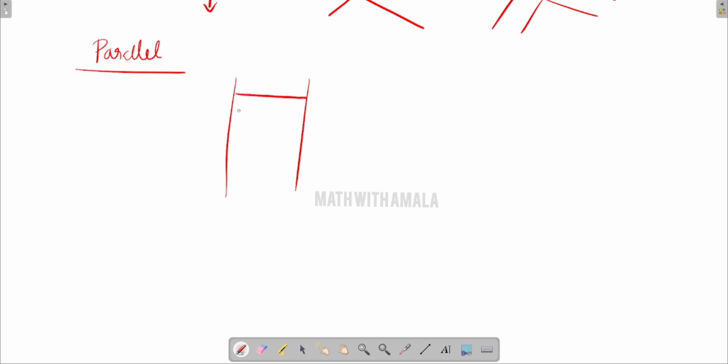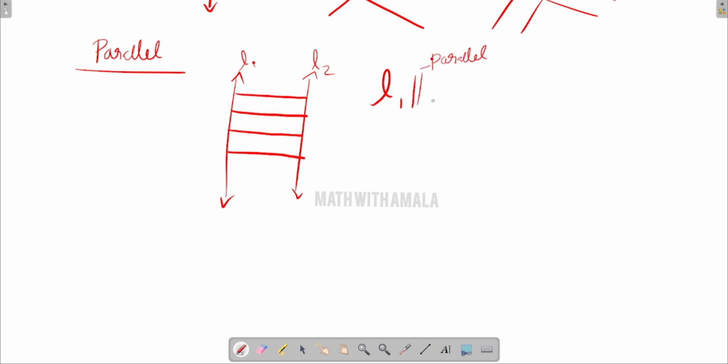A railway track has some distance between the two lines, which go on infinitely without meeting each other. So you can call these L1 and L2 parallel lines. You can give the notation: this is the parallel notation, L1 parallel L2.